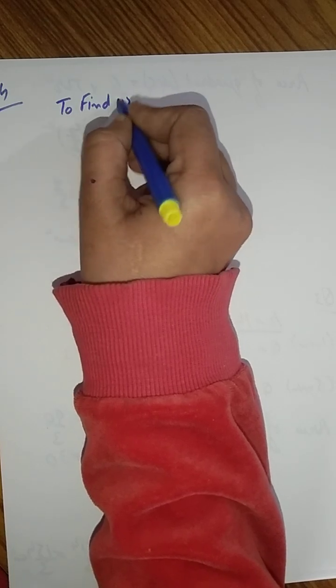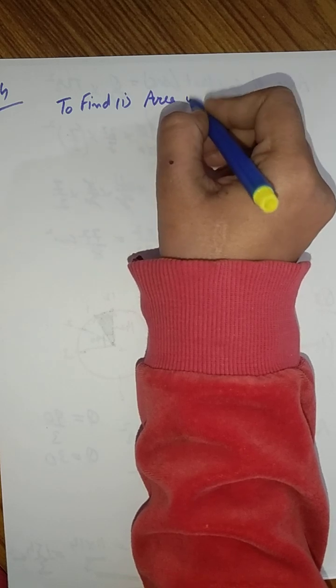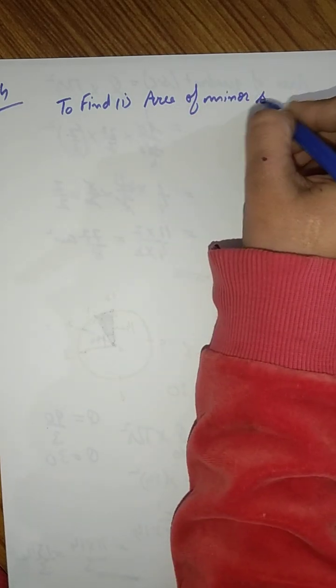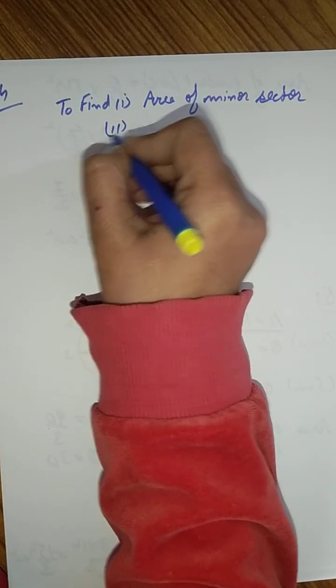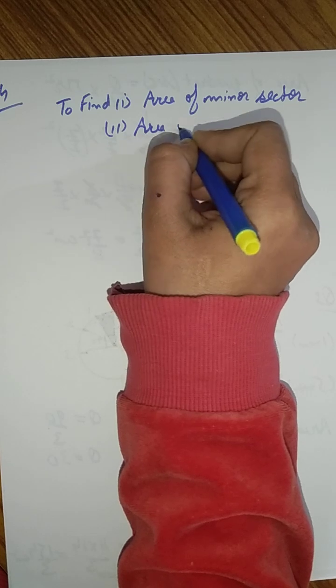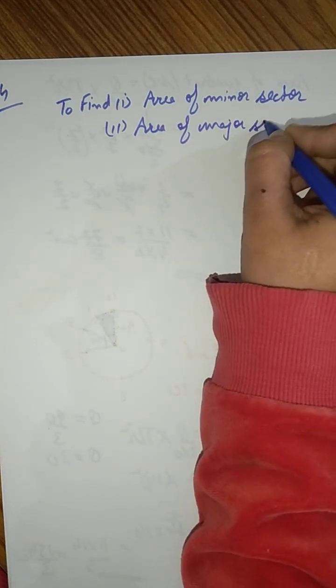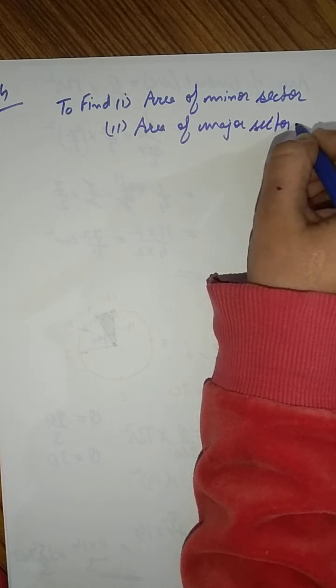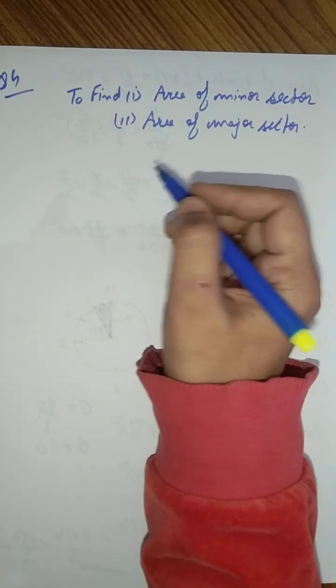There are two parts. In the first part I am going to find the area of the minor sector, and in the second part I am going to find the area of the major sector.